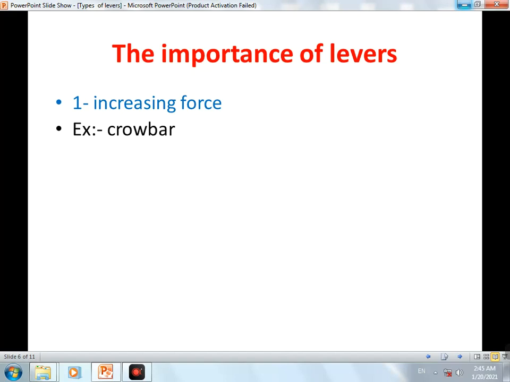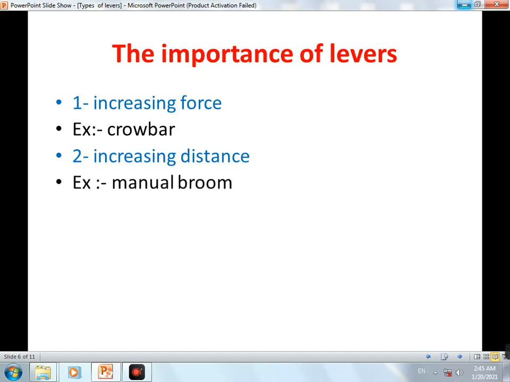Number 2, increasing distance. Some levers allow exerting force for a small distance to move an object for a longer distance. Like what? Like manual broom. Number 3, increasing speed, like hockey bat.